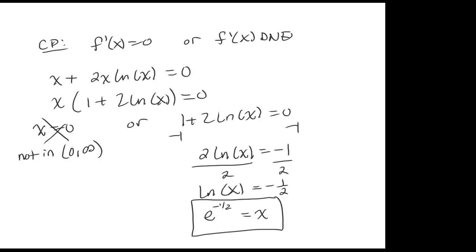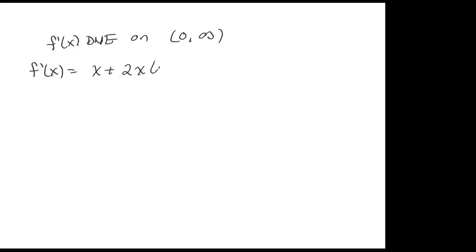Places where the first derivative does not exist, specifically on the interval from 0 to infinity. Remember that the first derivative is equal to x plus 2x times the natural log of x.